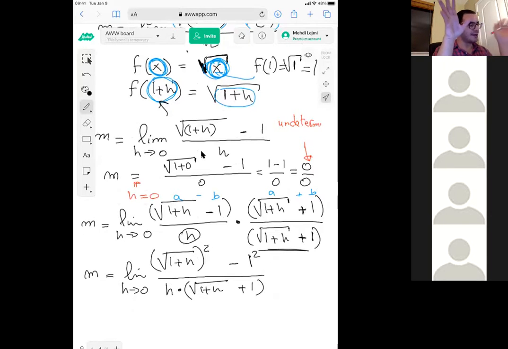So in the top you have a squared minus b squared, and in the bottom you have h times the other denominator.